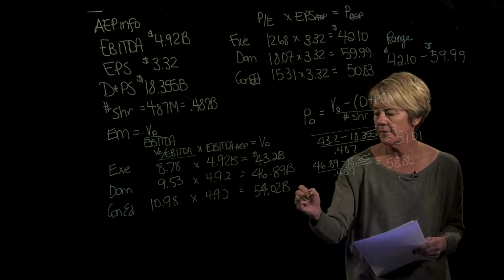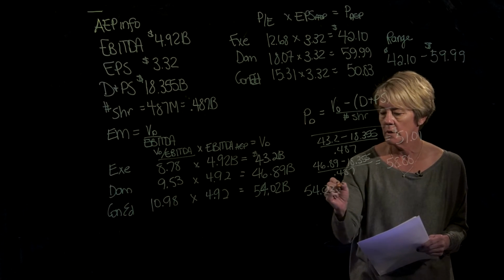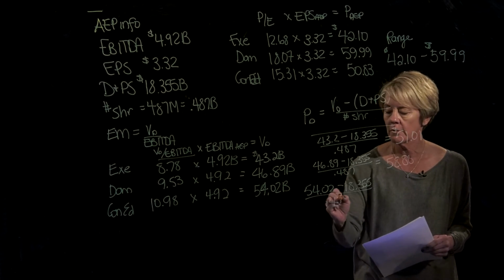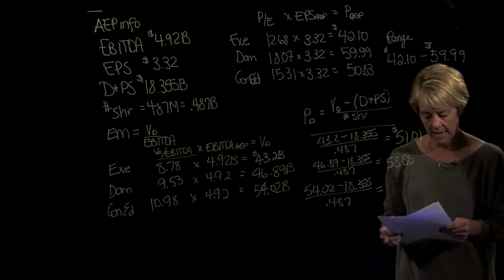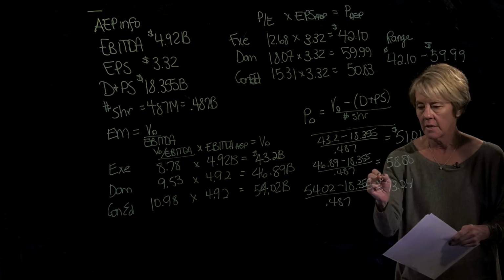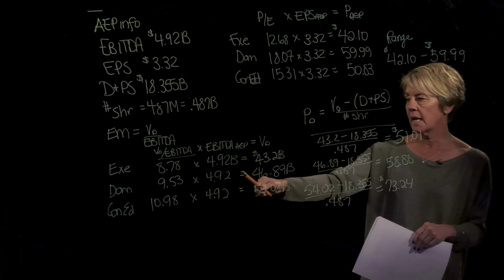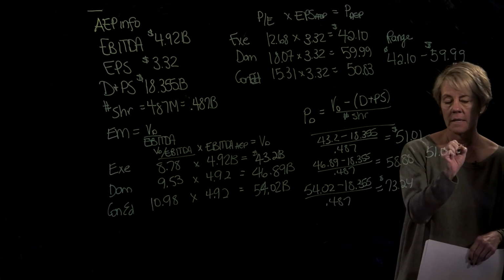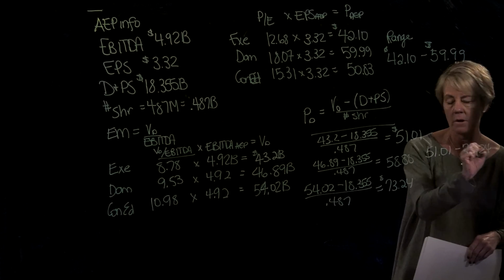And then finally 54.02 minus 18.355 divided by 0.487, and I get $73.24. So the price range using the enterprise multiple is 51.01 to 73.24.